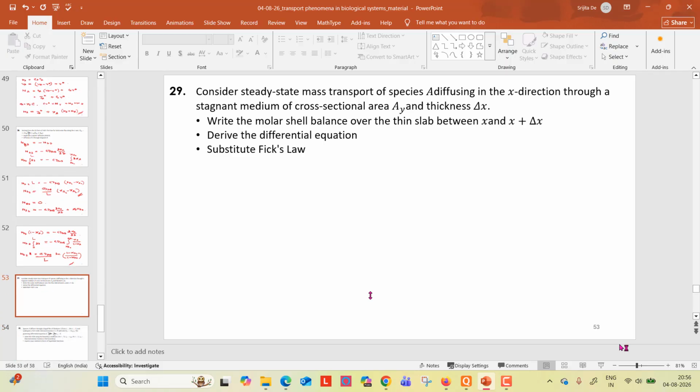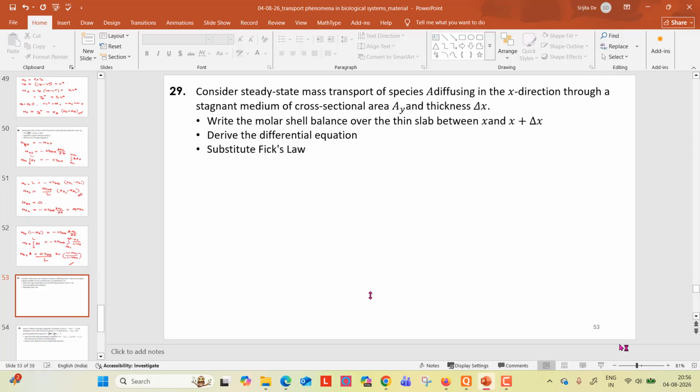Consider steady state mass transport of species A diffusing in the x direction through a stagnant medium of cross-sectional area AY and thickness delta x. Write the molar shell balance over the thin slab between x and x plus delta x.